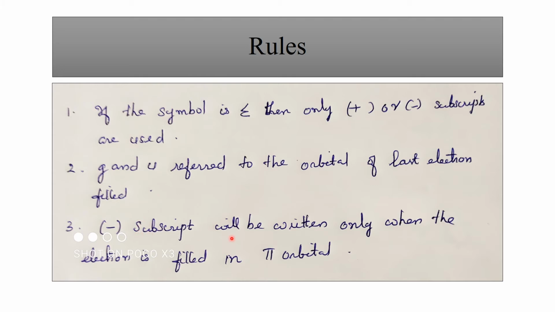Minus subscript will be written only when the electron is filled in the pi orbital. That is, when the electron is in the pi orbital, we use the minus subscript.